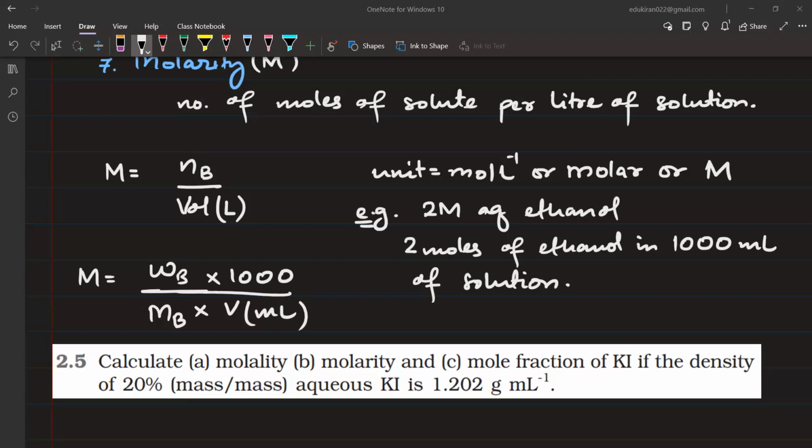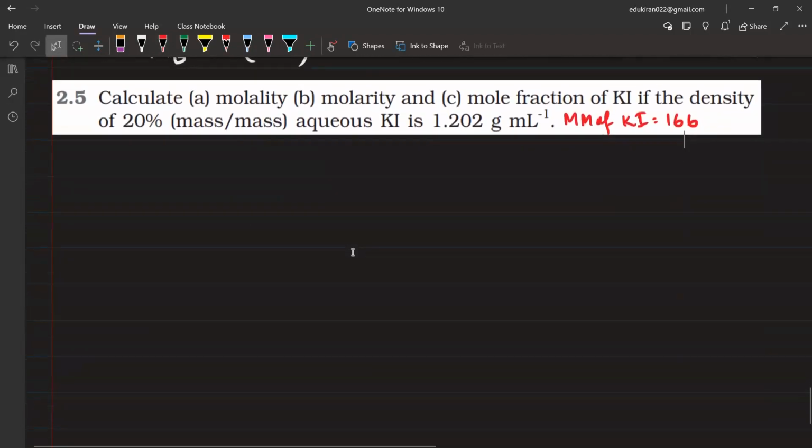Please write the molar mass of KI is equal to 166. Is everyone done writing for molarity? Please write this question. Molality, mole fraction of KI if the density of 20% mass by mass.